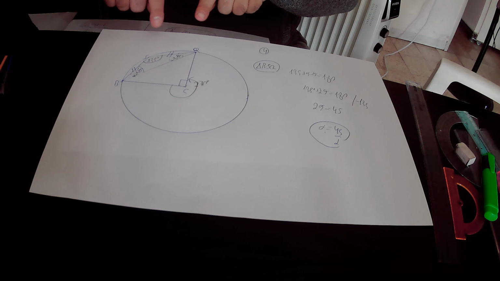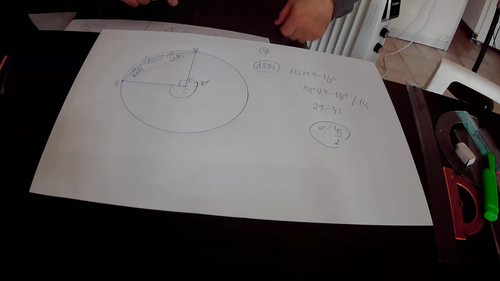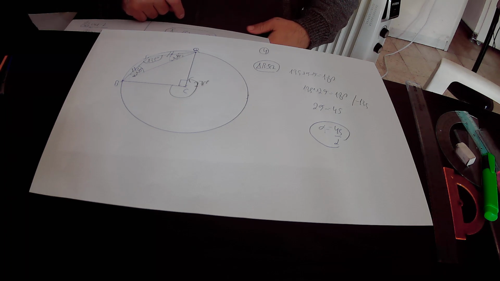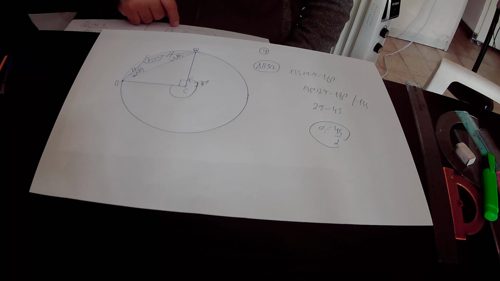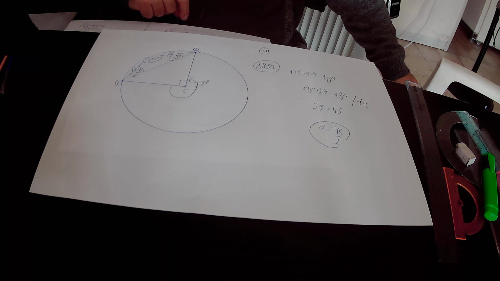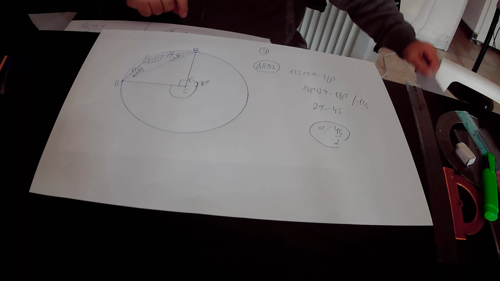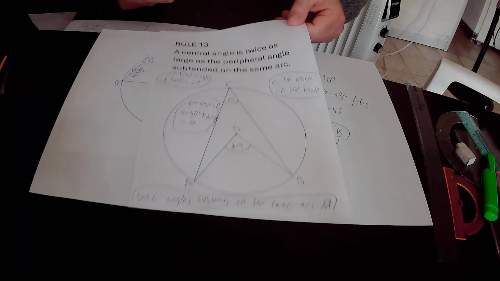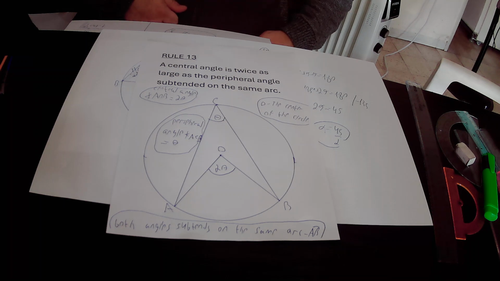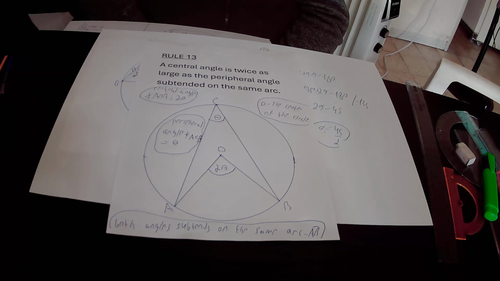So QS equals SB, and we have rule number 13. According to rule number 13, a central angle is twice as large as the peripheral angle subtended on the same arc.